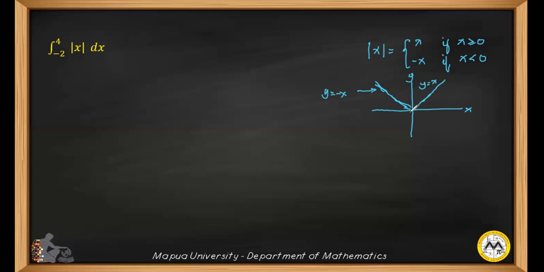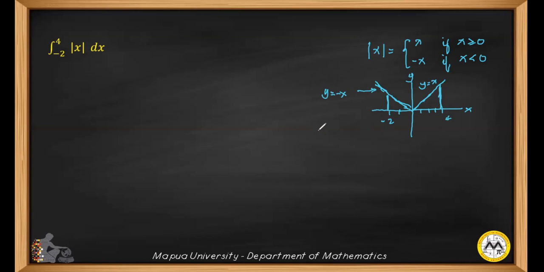When x is greater than or equal to 0, y is equal to x, or f of x is equal to x, and when x is less than 0, y is equal to negative x. And we are going to consider -2 to +4. So this is actually the area under the curve.